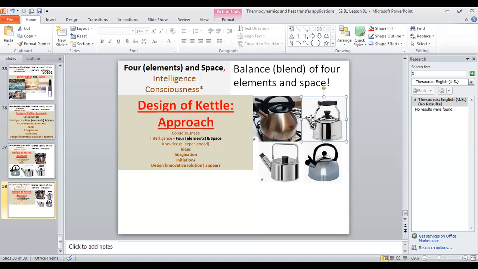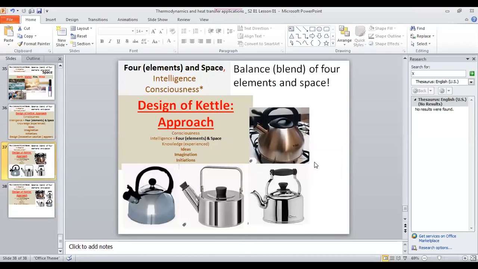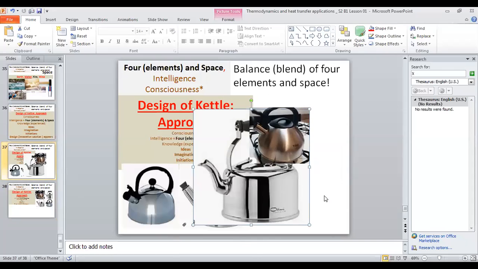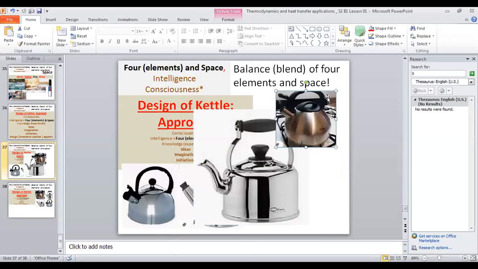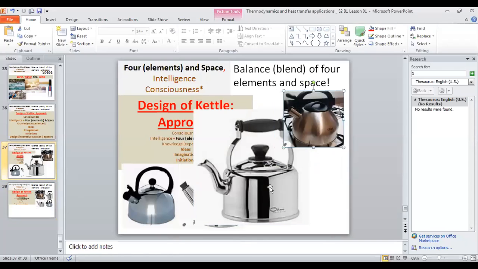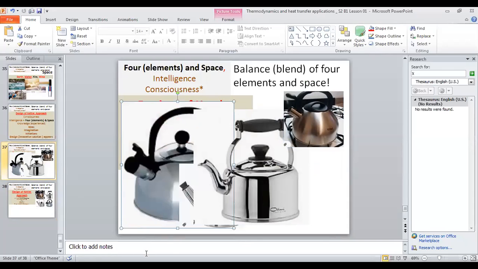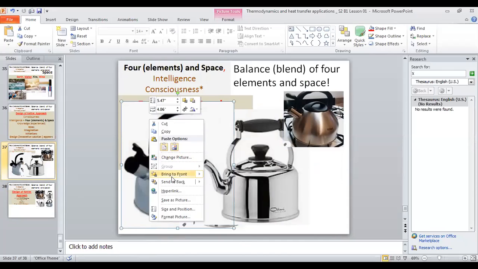This Italian design looks nice. Seems expensive. Appearance wise, we can see this Italian one is expensive. This looks cheaper. Even at my home, we have this kind of design.